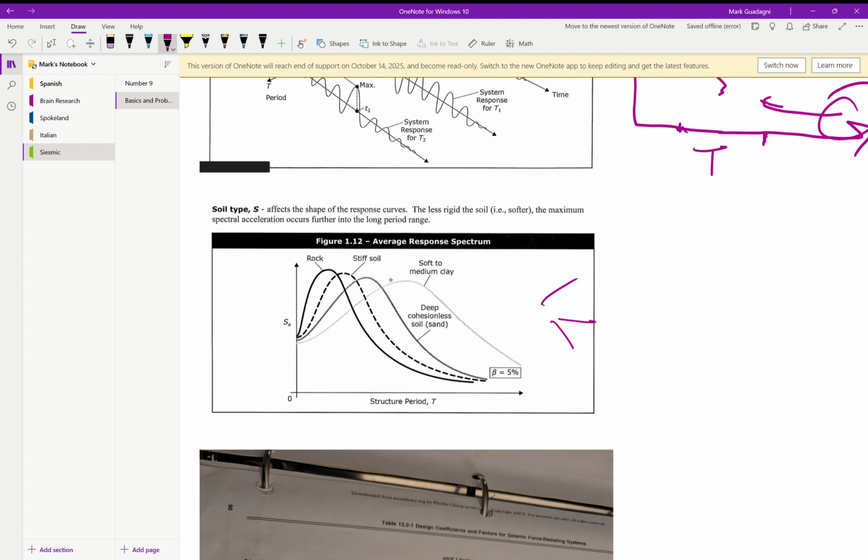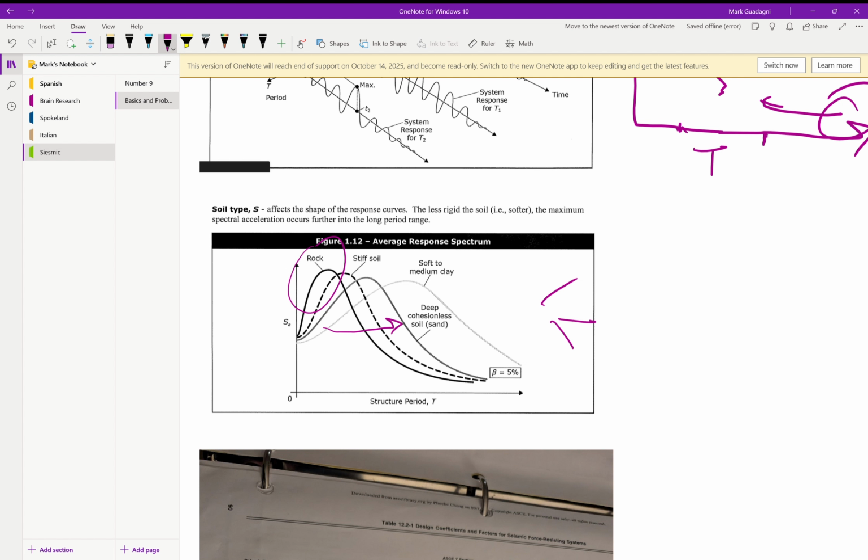Oh, and we didn't talk about this, but depending on whether it's rock, stiff rock, or whatever, the translation from period to amplification will change. This is important because when you do seismic retrofits and you have a stiff building, you might want to use seismic isolation to make the building less stiff and move it to an area where it's not amplified by the type of material.